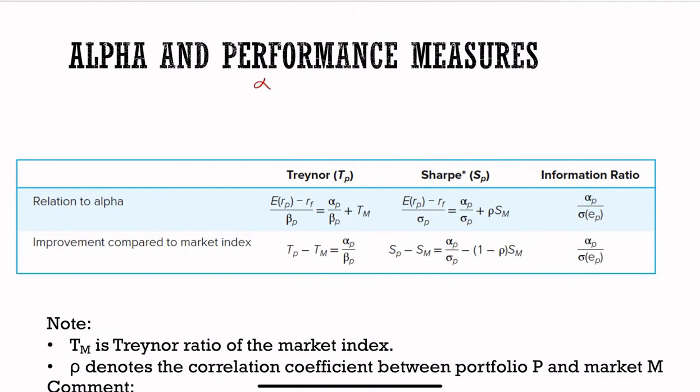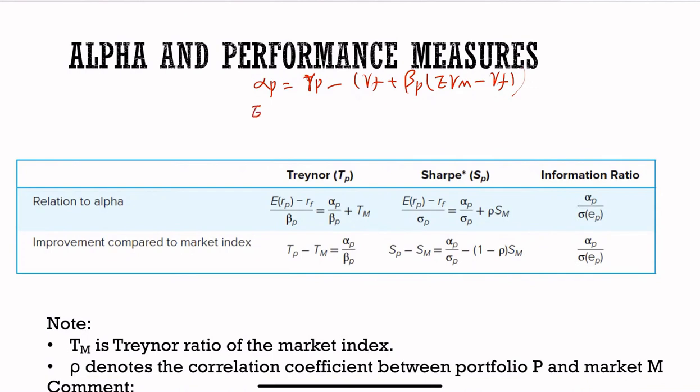Well, alpha P equals RP minus RF plus beta P times expected market return minus RF. Again, this is just by using the capital asset pricing model.